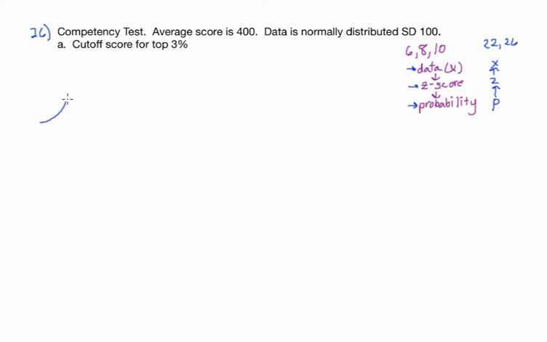So we want the cutoff score for the top 3%. Where is that going to be? Well, the top 3%, I don't know, I'm guessing it's right in here. So I want to find this z-score to match up with this top 3%, 0.0300.